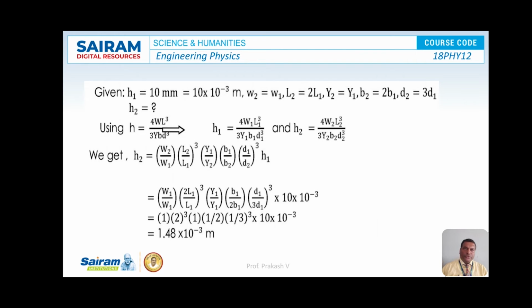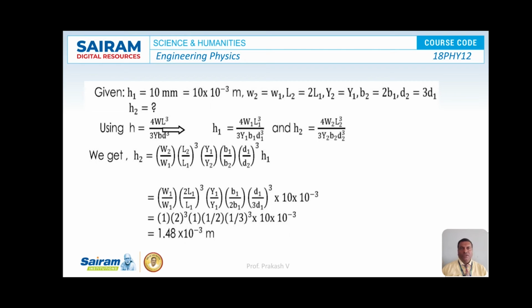If you substitute, we get w1 by w1 into 2L1 by L1 whole cube, that is, in place of L2, 2L1 is substituted here, and in place of y2, y1 is substituted, that is y1 by y1, that cancels, into b1 by 2b1 into d1 by 3d1 whole cube into h1, given as 10 into 10 to the power of minus 3. So on simplification, we are going to get the value of h2 as 1.48 into 10 to the power of minus 3 meter.